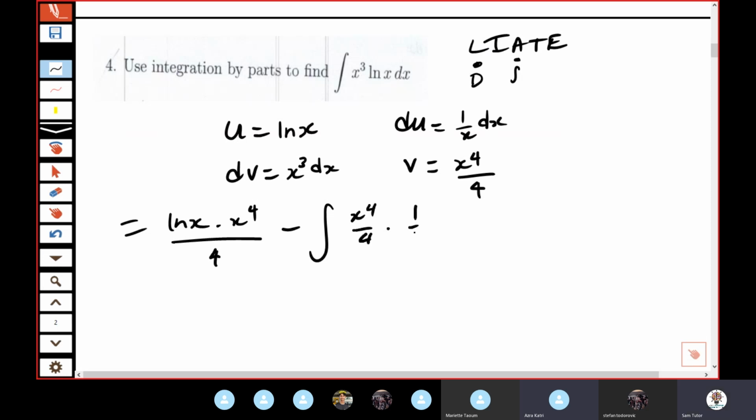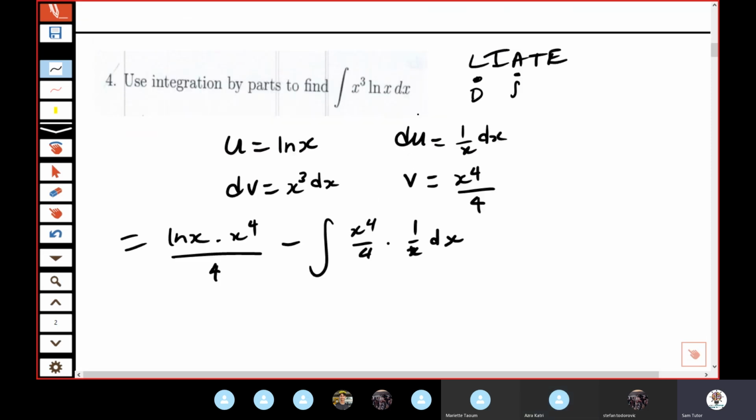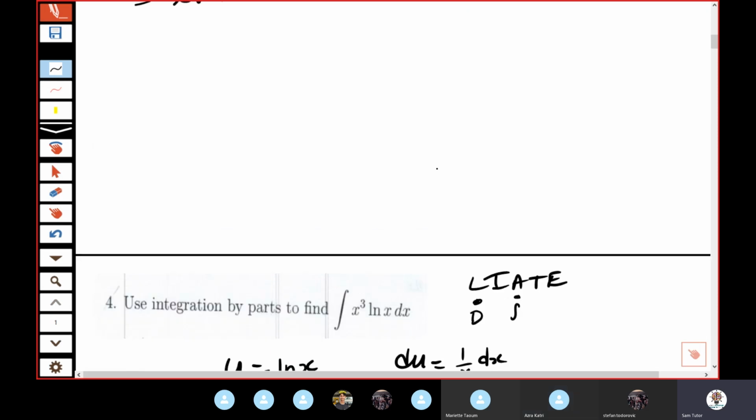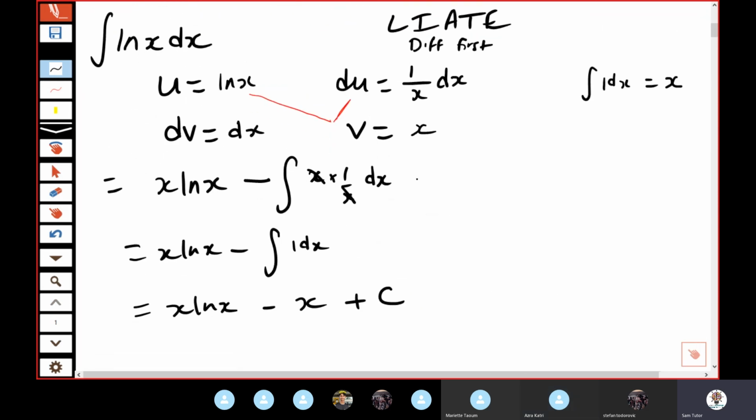Yep. Perfect. Eventually, as you get better and better at this, you have to get to this level. X times 1 on x, in your head you're meant to go numerator, denominator, cancels out.